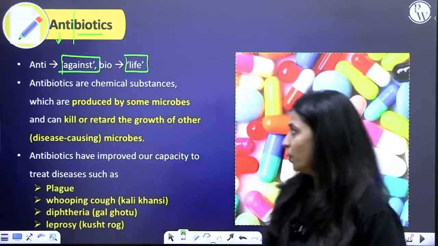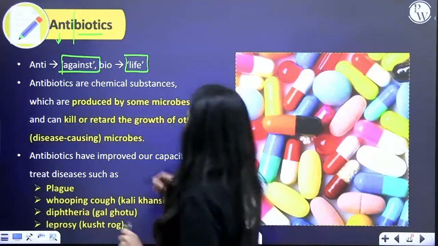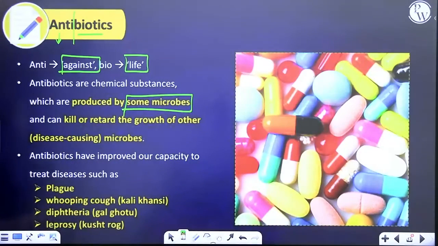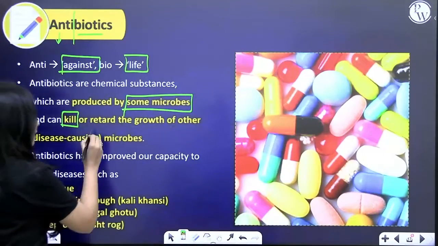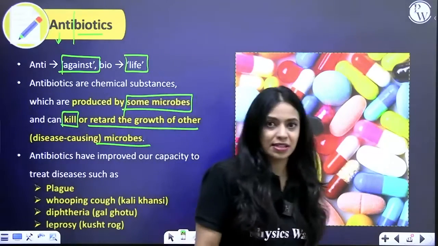So antibiotics are those substances that are produced by some microbes which have the ability to either kill other microbes or retard the growth of other microbes that are known to cause diseases.